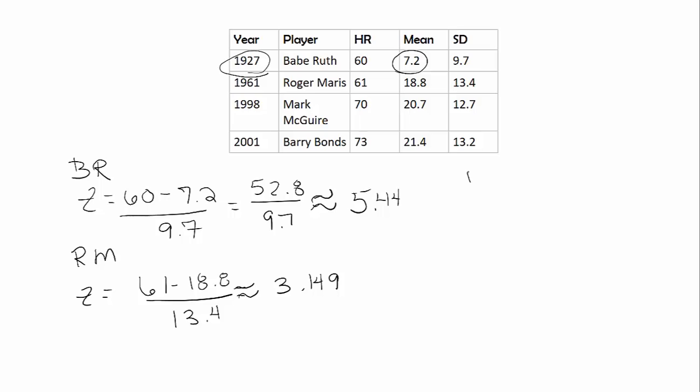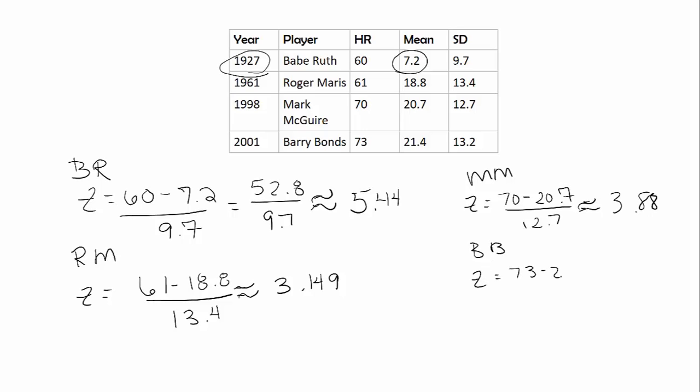If I do Mark McGwire, 70 take away 20.7, over 12.7, I got his to be around 3.88. That's better than Roger Maris. Barry Bonds sure seems like he would be the ultimate champion.